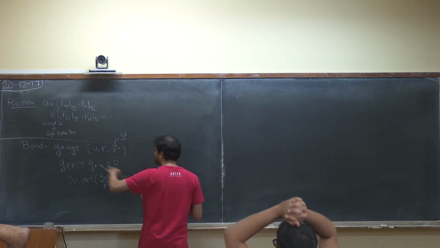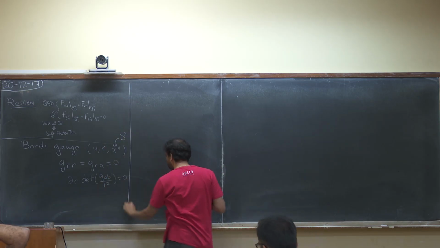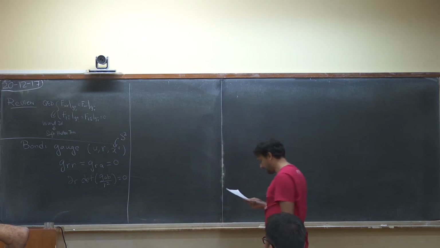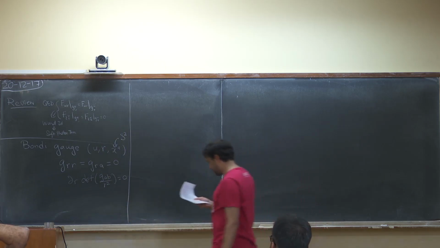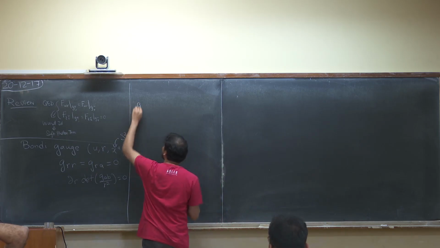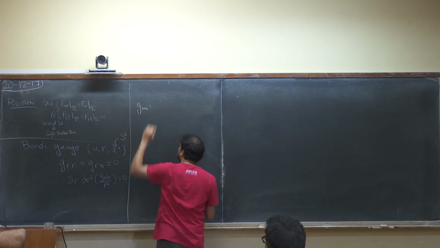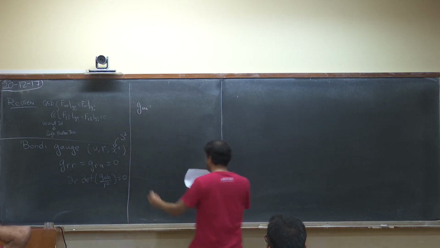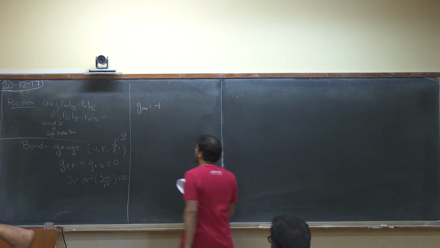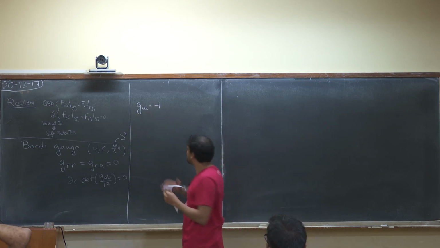And so this is, of course, for any space-time. I haven't said anything about asymptotically flat yet. And the conditions that define asymptotically flat spacetimes in particular are these falloffs. So g_uu has to be -1, this is just the flat space answer.